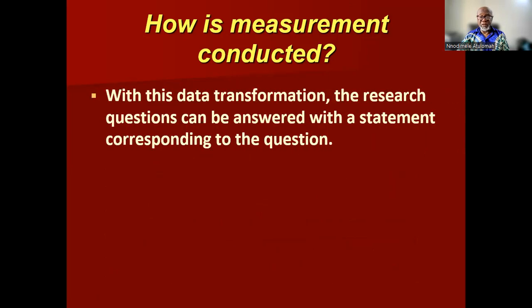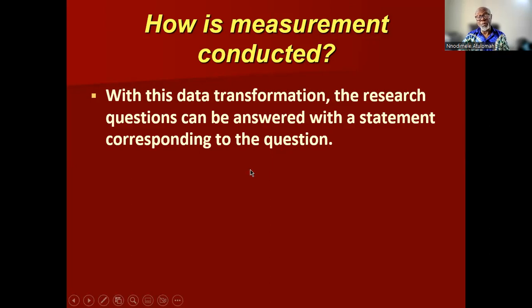With this data transformation, the research question can be answered. Without the data transformation, where we talk about a weighted aggregate score for each individual depending on the variable, and then we find the mean, we cannot answer the research questions appropriately, because no single item can answer the research question, except only one item is used.